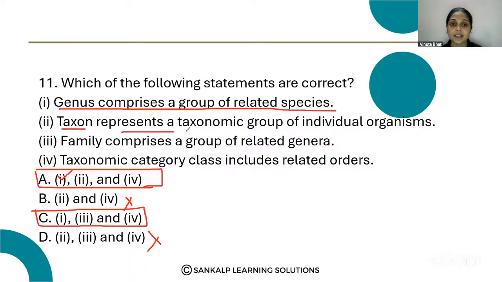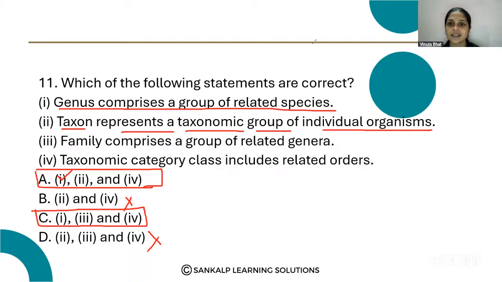Taxon represents a taxonomic group of individual organisms. Is it correct? And see the option: family comprises of a group of related genera.